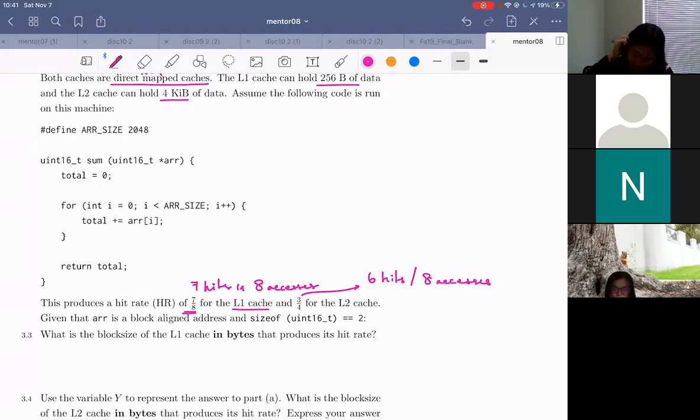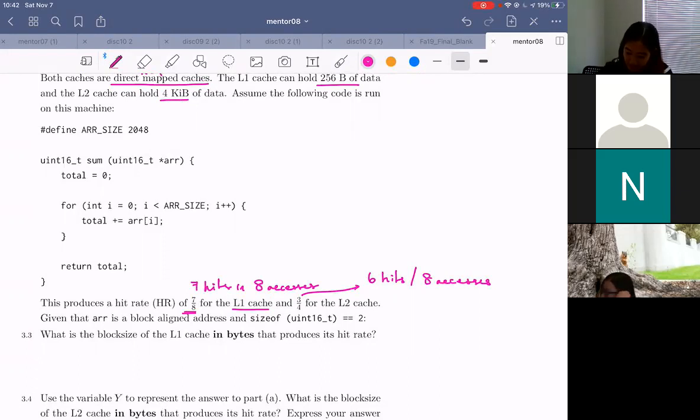Given that array is a block aligned address, we're going to assume that index 0 is the start of a block. And the size of uint16_t is 2 because it's 2 bytes.